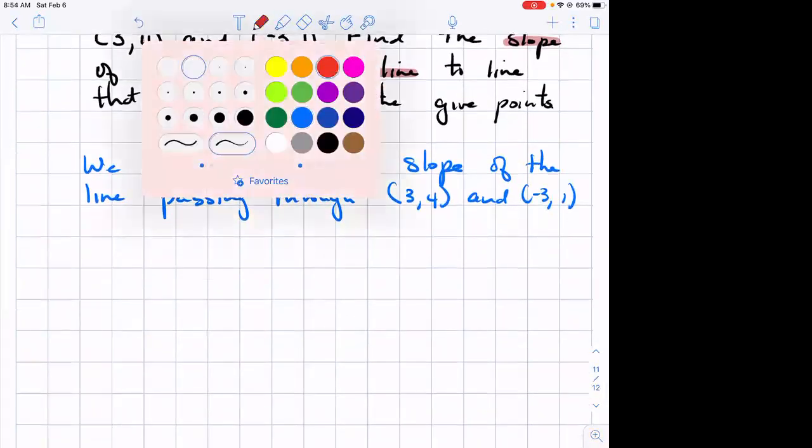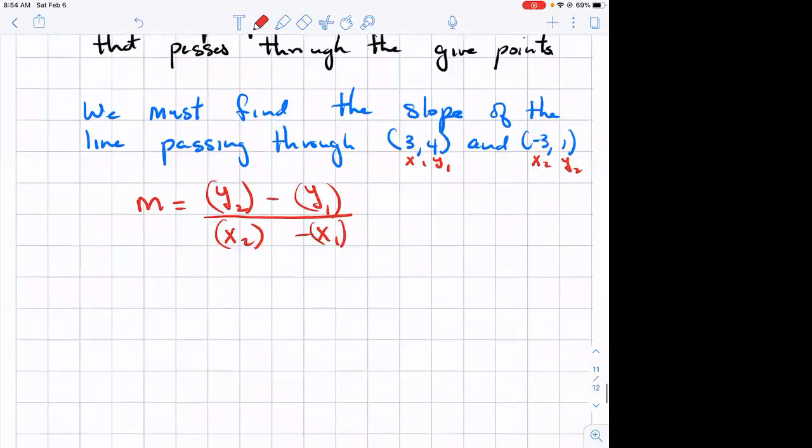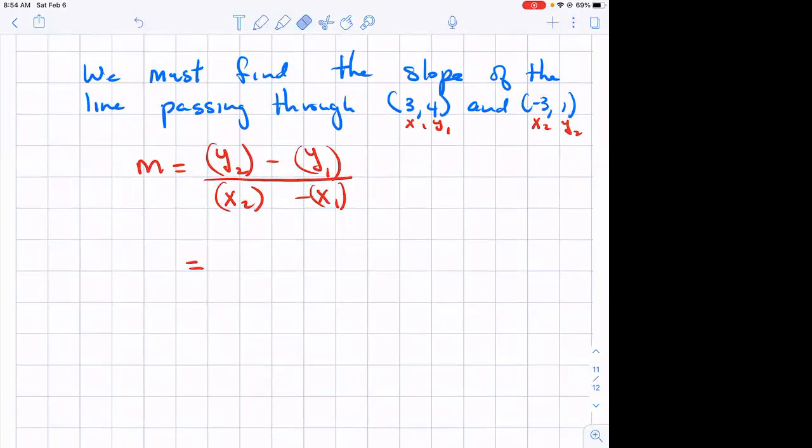So let's identify x1, y1, x2, y2, and we know that the formula is y2 minus y1 divided by x2 minus x1. So m is equal to y2 minus y1 over x2 minus x1. Instead of y2, I have a 1. Instead of y1, I have a 4. Instead of x2, I have a minus 3. And instead of x1, I have 3.